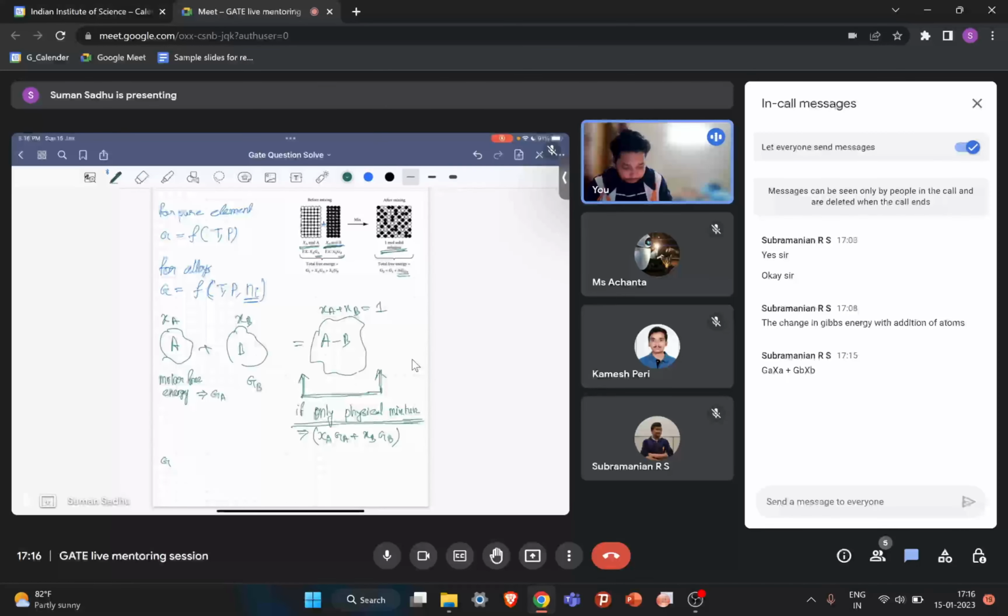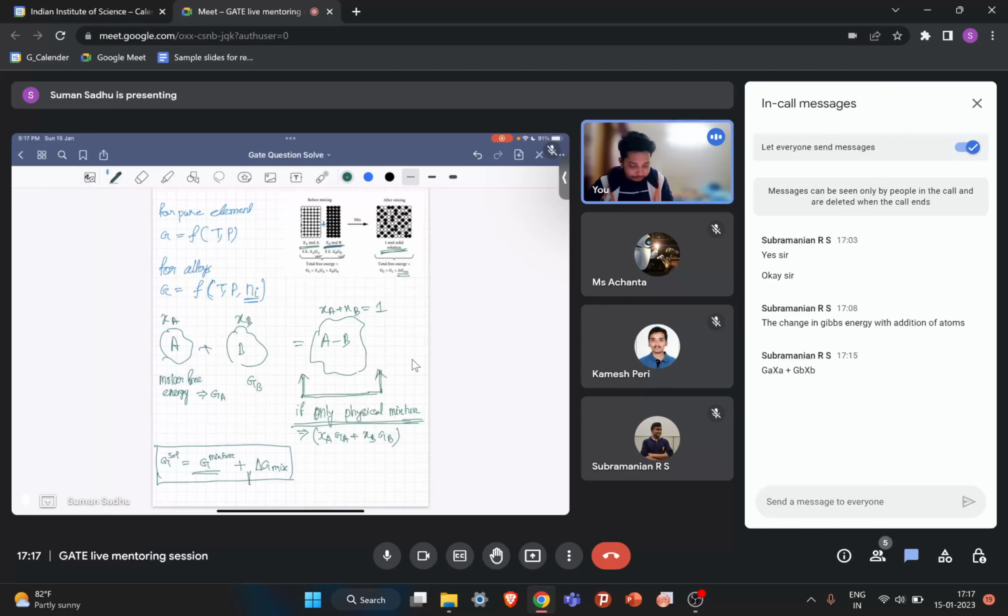So what will be the free energy of your solution? The solution will be G of your mixture, where mixture means the physical mixture I am talking about here, plus delta G mix, or delta G solution also you can take. So delta G mixing. So these two terms are there. If only a physical mixture, then only this term.